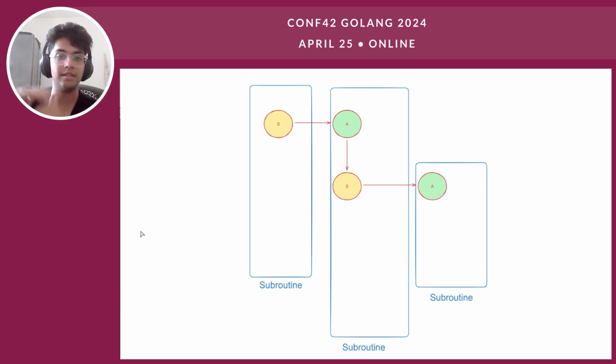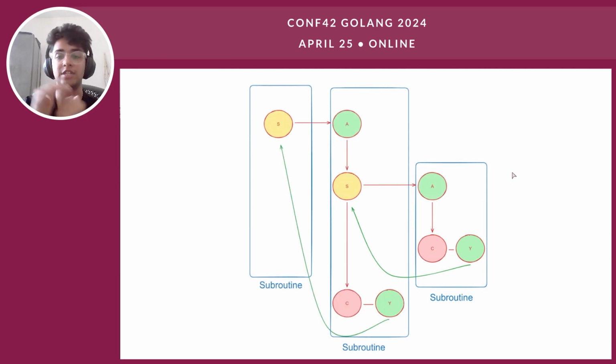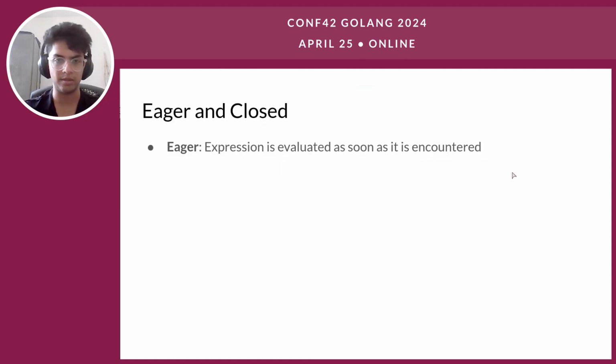This function can execute, and as soon as it has to call another function, it can suspend itself and call this third function, which can start functioning again. After this outermost function has finished processing, it can terminate, yield back control to its parent caller, which can terminate again and yield back control to its parent. So this is what a regular subroutine looks like.